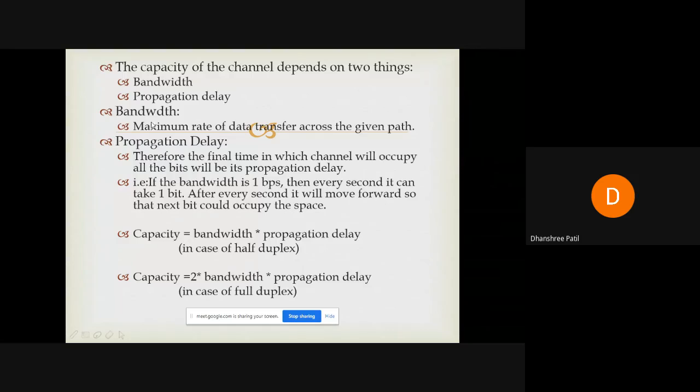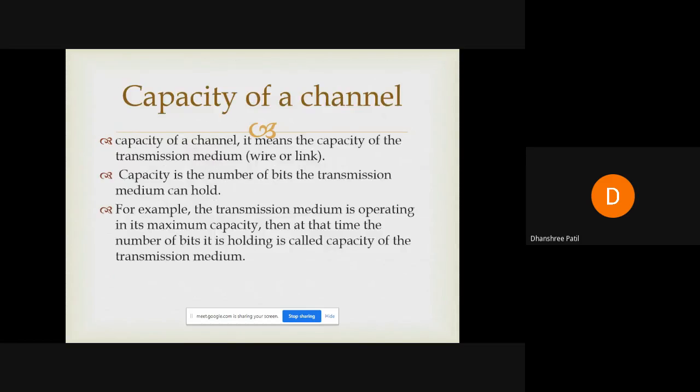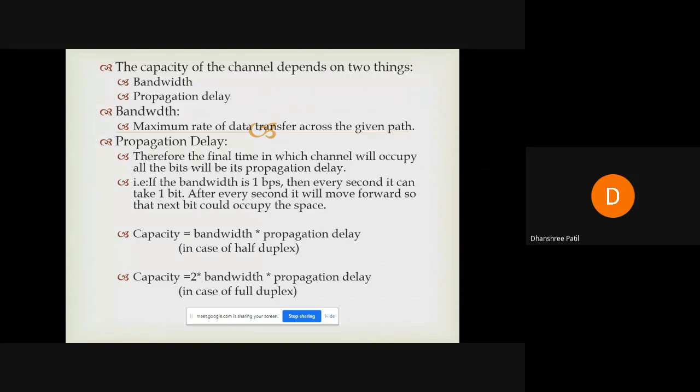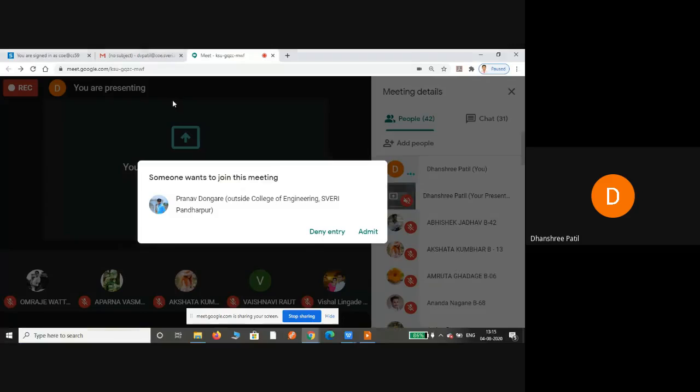Bandwidth is the maximum rate of data transfer across a given path. Capacity means how much data it can hold, and bandwidth is the rate of transmission, means at what speed the data can be transmitted.